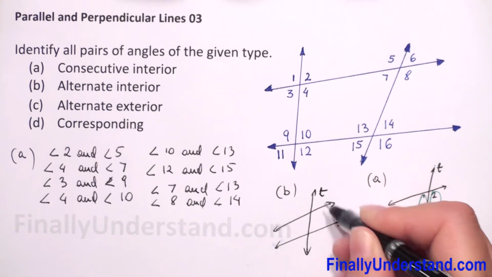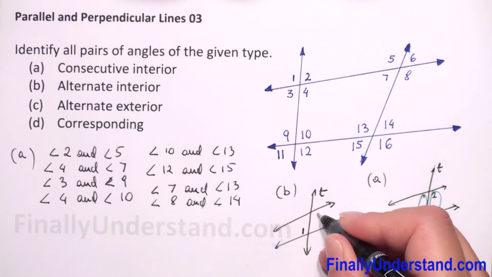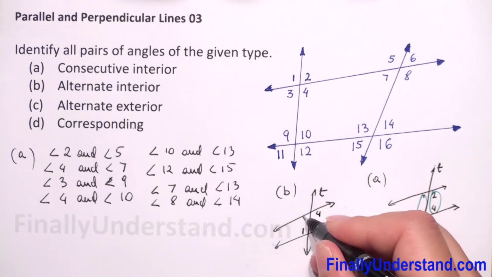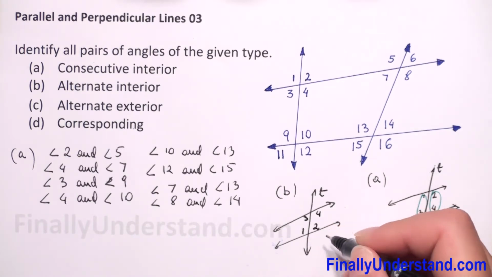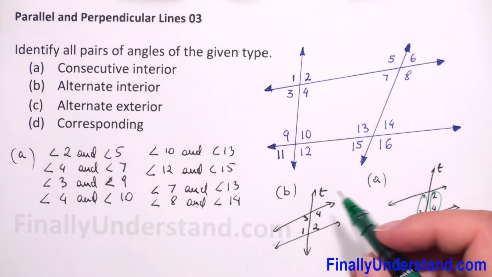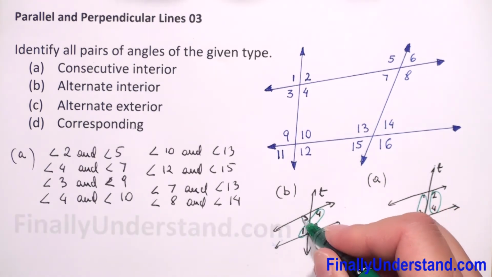This is our T, and angle 1 and 4, and this is angle 3 and 2. So the alternate interior angles lie between the two lines and on the opposite sides of the transversal. So alternate interior will be 1 and 4 and 3 and 2.